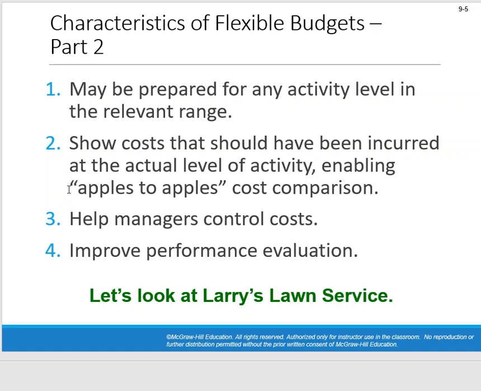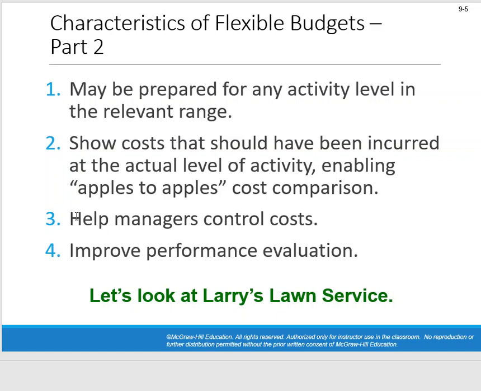They refer to comparing our static budget or planning budget to our actual figures as an apples to oranges comparison. It's not a fair comparison. So when we use a flexible budget, now we're looking at apples to apples. So we look at our costs that should have been incurred at the actual level of activity.